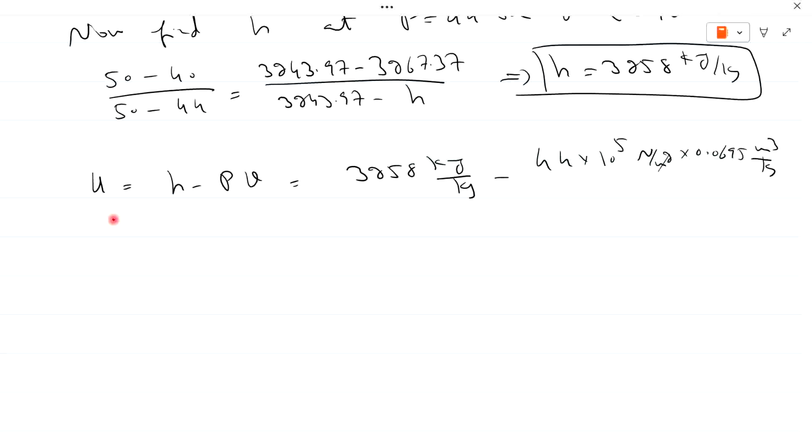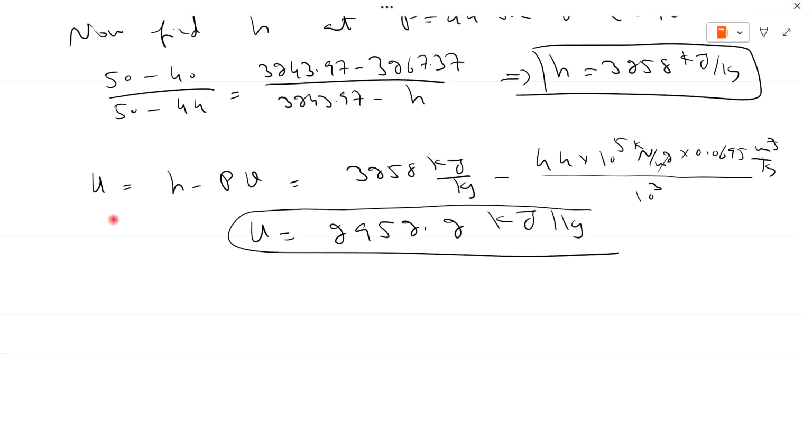Newton meter per kg means joule per kg, and this value is in kilojoule. So convert this into kilo, divide by 10 power 3. So U is equal to 2952.2 kilojoule per kg.